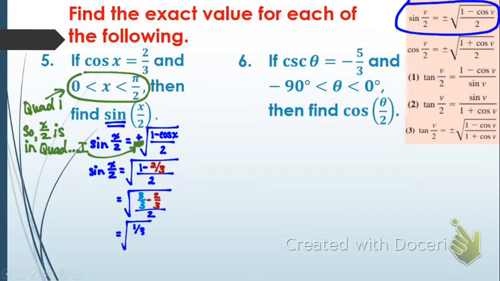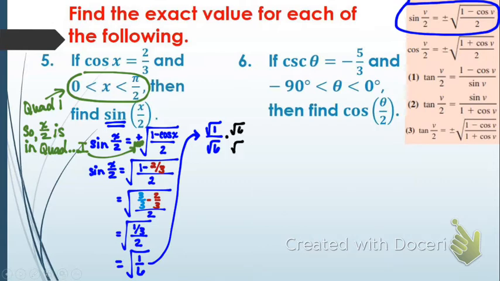So I have 1/3 all over 2. 1 over 6. Can I leave it like that? Can I have radical 1/6? Why not? Yep, I don't want a radical in my denominator. So this becomes radical 1 over radical 6. I'm going to rationalize my denominator. So how does this simplify then? Square root of 6 over 6.